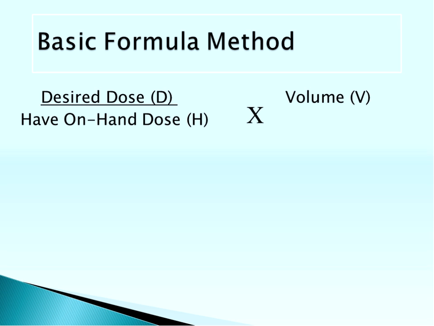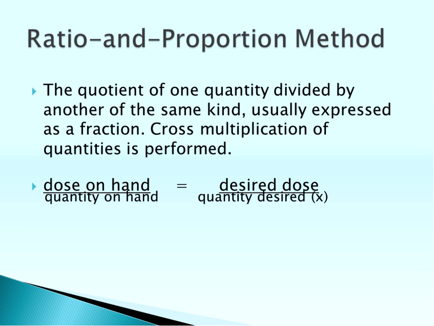This is just showing you the basic formula. Doesn't that look easy, how to do a desired dose over what you have on hand, etc., in order to get your answer. Here is your ratio proportion method. I do have to admit this was always my particular favorite method.